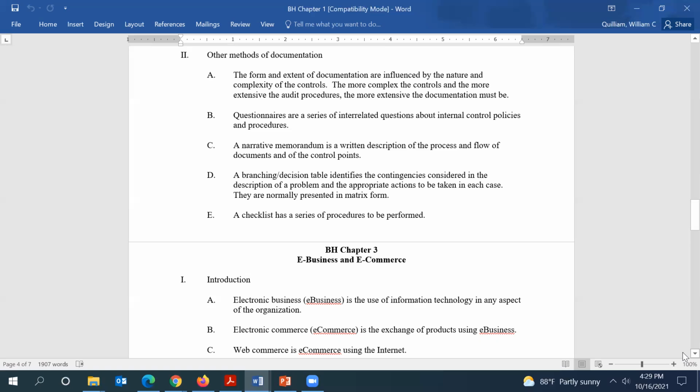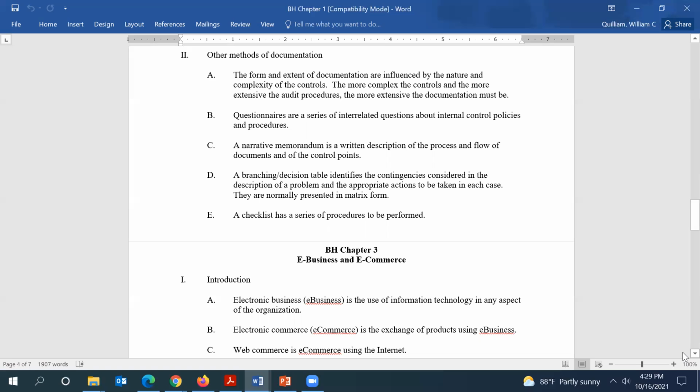Another method of documentation, questionnaires. There are a series of interrelated questions about internal control policies and procedures. Then C, a narrative memorandum is a written description of the process and flow of documents and the control process.